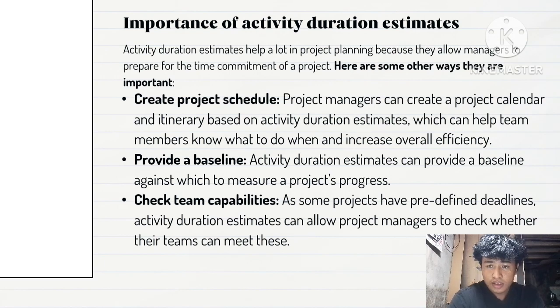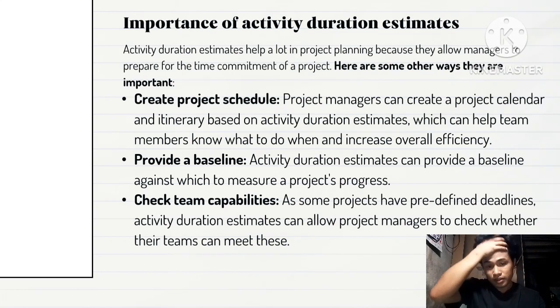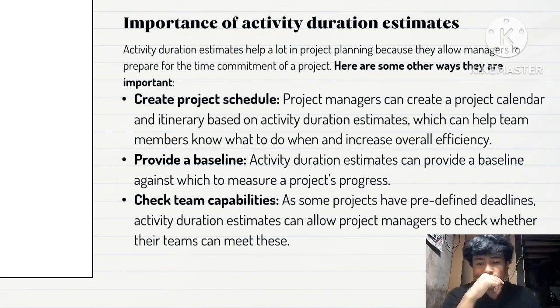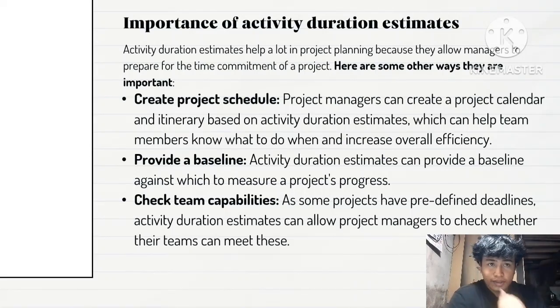So the activity duration statement helps a lot in project planning because it allows managers to prepare for the time commitment for the project. So there are some other ways it is important. First is create a project schedule.